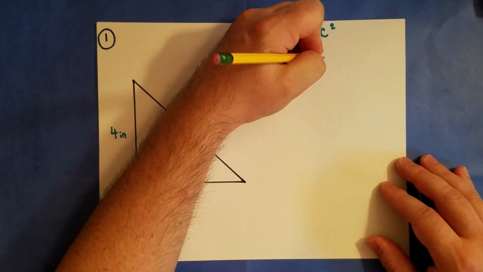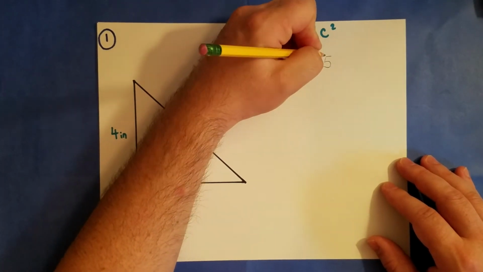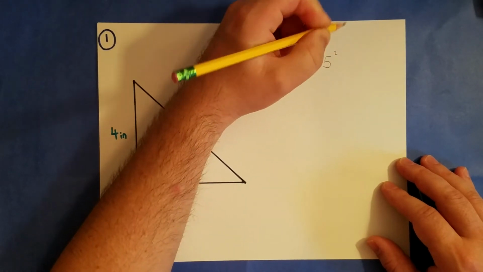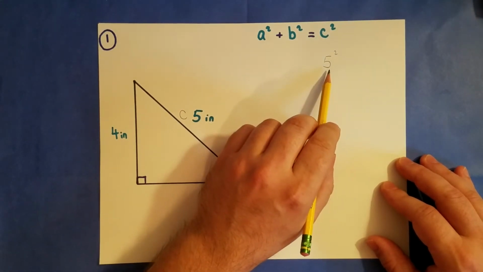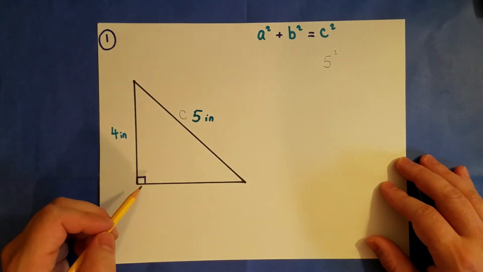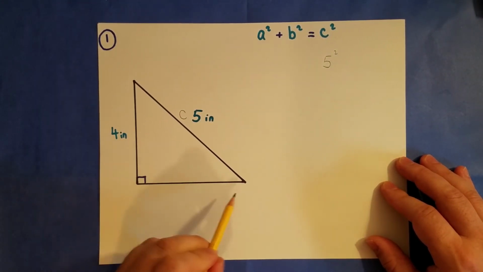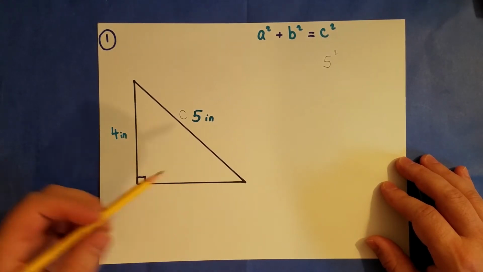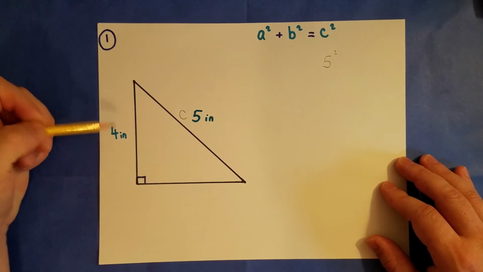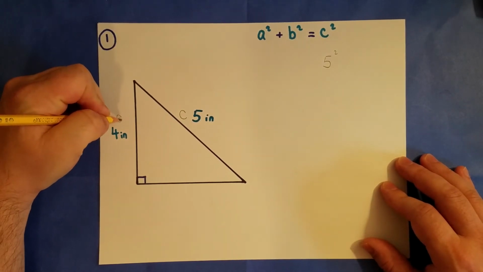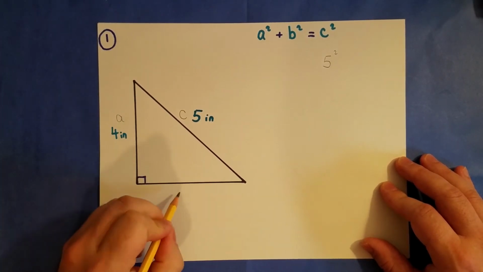So we'll put that here as 5, and of course we're going to square it. We're going to square 5. Now, coming back, I have two sides, which are my, you got it, the 2 legs. So one leg is 4, and I'm going to call that A. And my other leg is unknown.